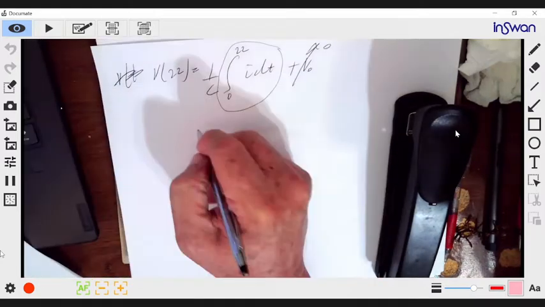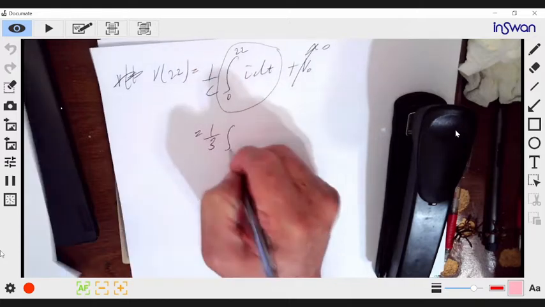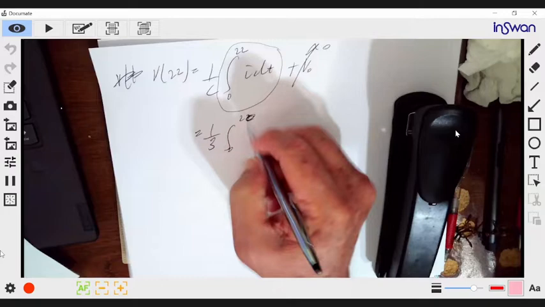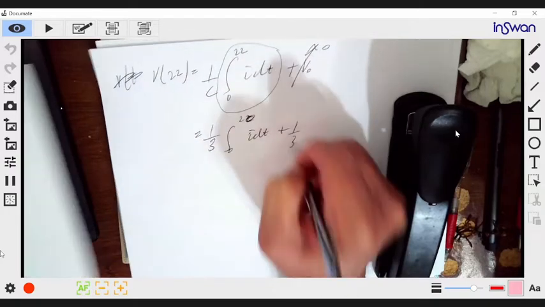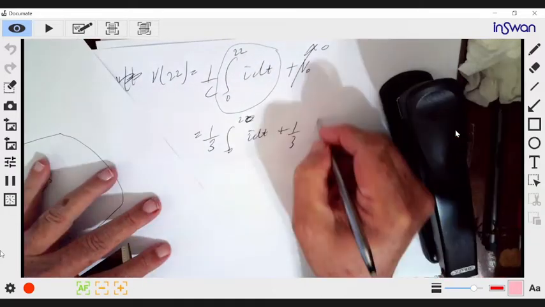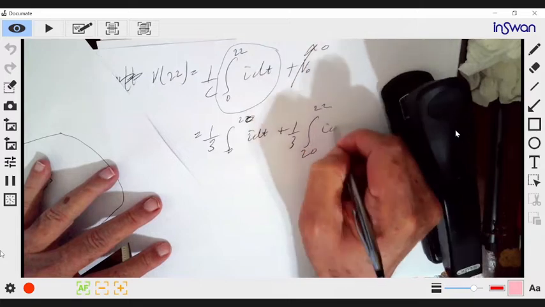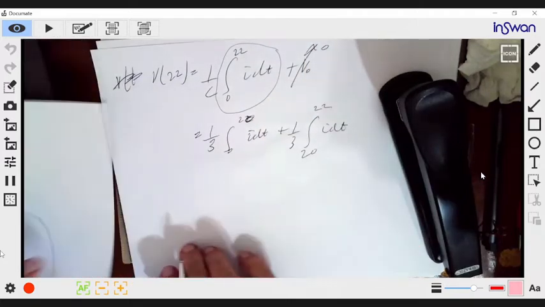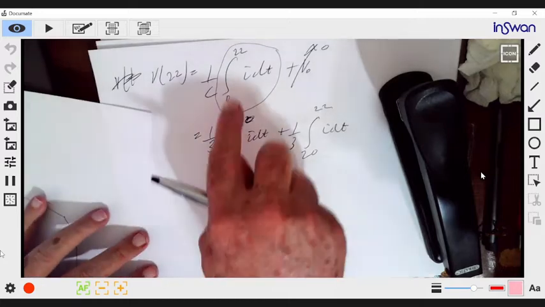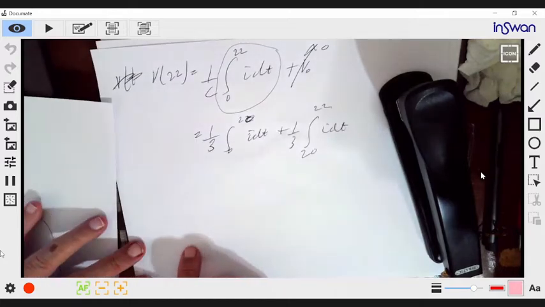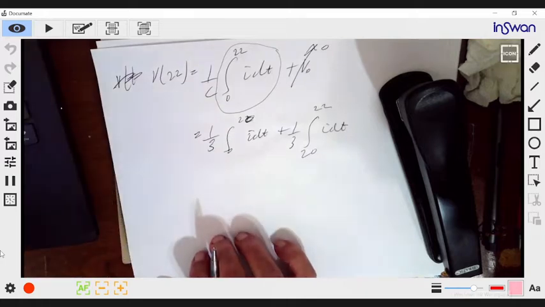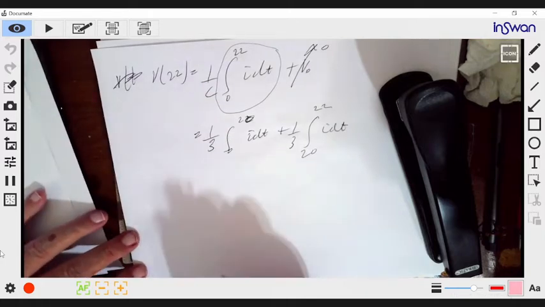So this becomes the third, 0 to 20 I dt plus the third, 20 to 22 I dt. From calculus, you should know you can split the integral into 2. All right. Everybody with me? Yes, sir.